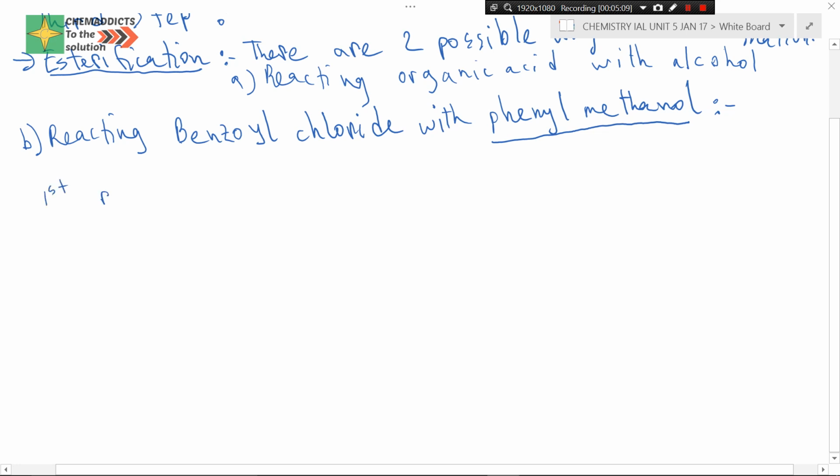First, we react benzoic acid with solid PCl5, just like a carboxylic acid.